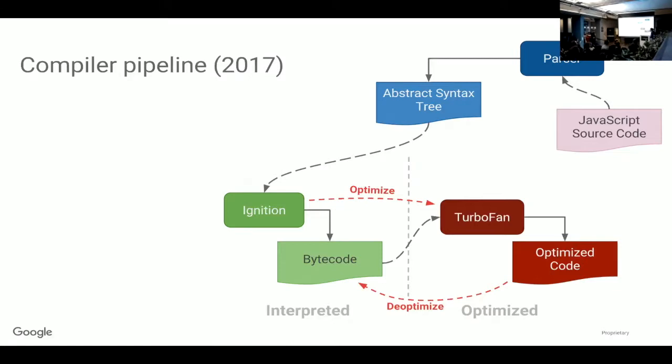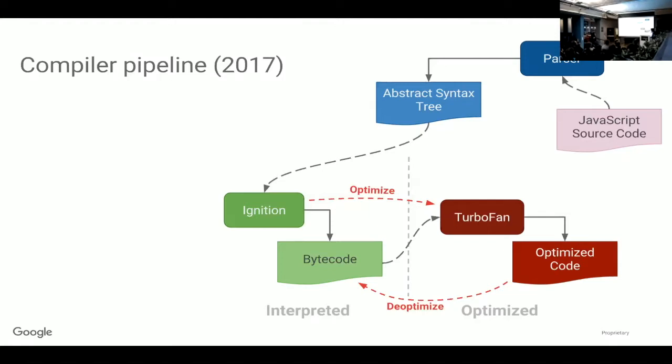We just need Ignition. We just create bytecode. The only one ever looking at the abstract syntax tree is Ignition. It creates bytecode. When the bytecode hits a hot state, it gets to the fast path, so it will be passed to TurboFan.